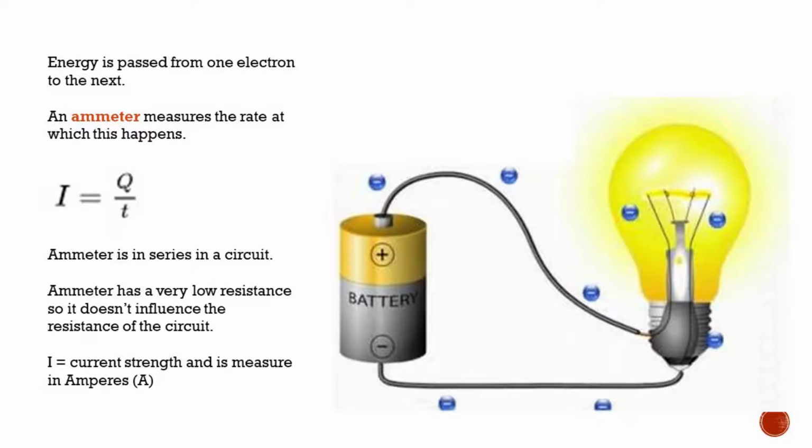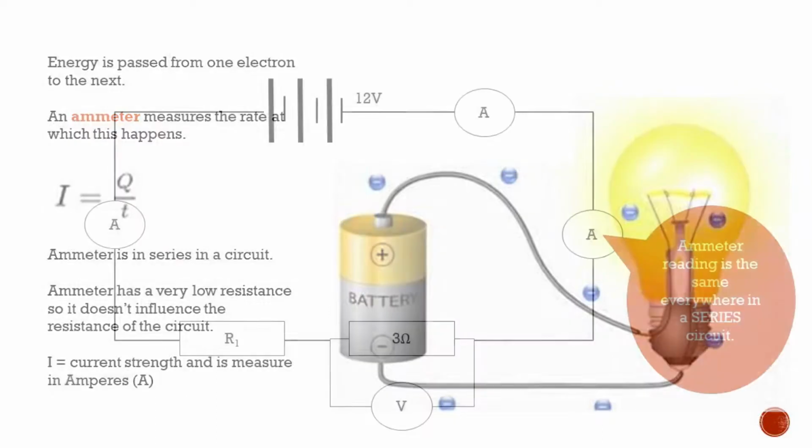The ammeter is in series in the circuit, so it has a very low resistance, so it really doesn't influence the resistance of the circuit. And remember, we measure this current strength in amperes, which is just an A. Please don't write amps. That is such a non-thing to write. It's A, or it's the whole word, amperes.